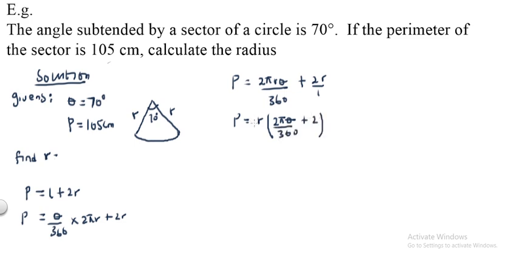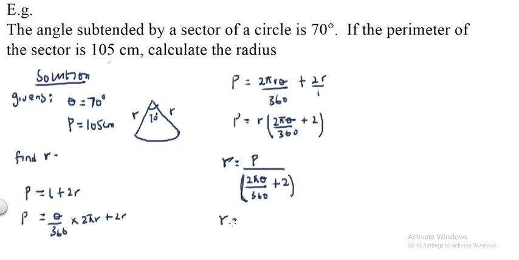From here, you can divide both sides by this bracket so that you have R is equal to P over 2 pi theta over 360 plus 2. From here, you have to get your calculator to solve for your value of R.